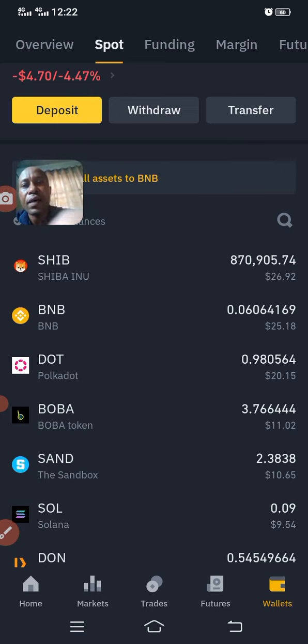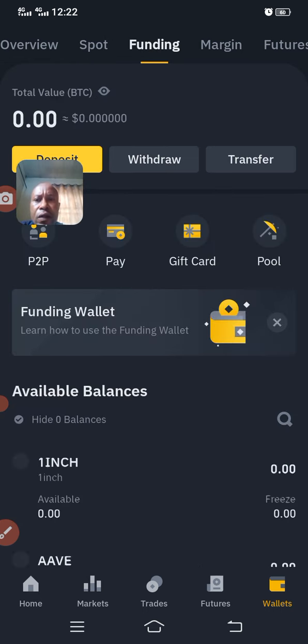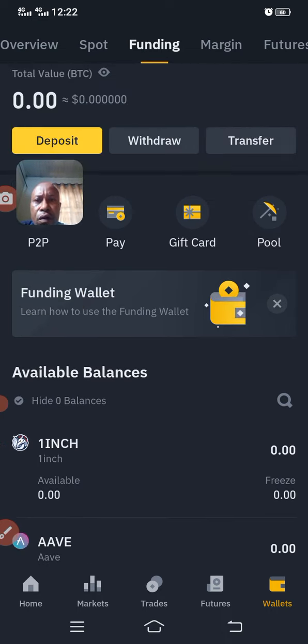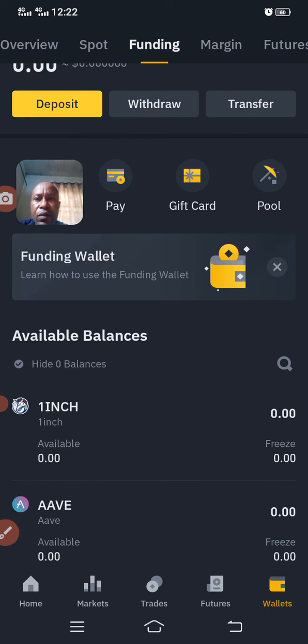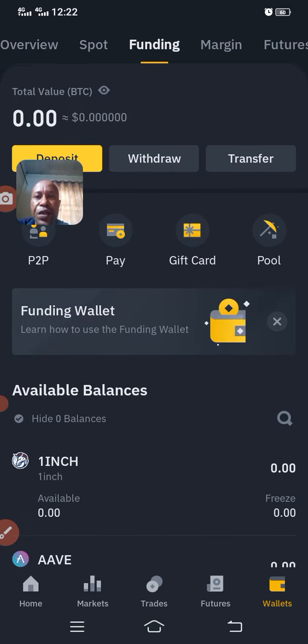Now the second one is funding wallet. The funding wallet enables you to make transactions. Let's assume that you buy something from the peer-to-peer system, that is from P2P.